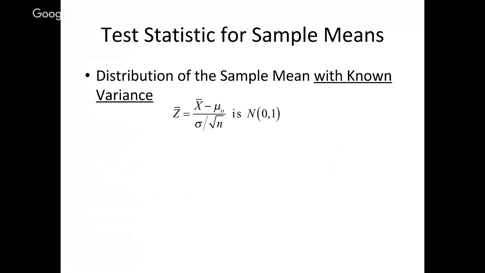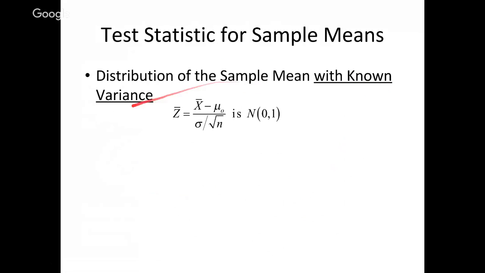So you could be doing hypothesis testing for sample variances or something, but we're going to focus on hypothesis testing for sample means. And again, the test statistic that we focus on for hypothesis testing about the sample means will depend on whether we know or we do not know the population variance.